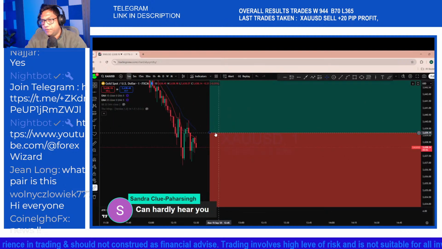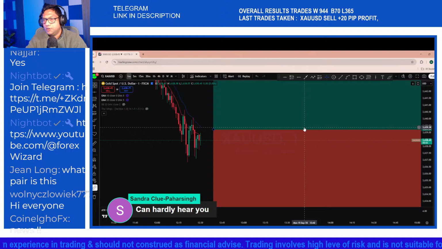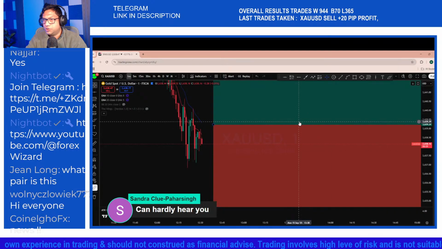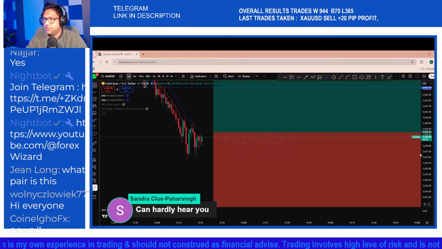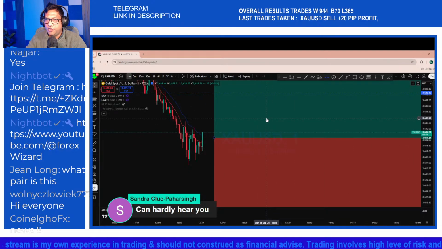The price action can be interpreted both ways, bearish and bullish, depending on how those candles are closing. Okay, so here you might see some reaction back above again, going back to the profit area.